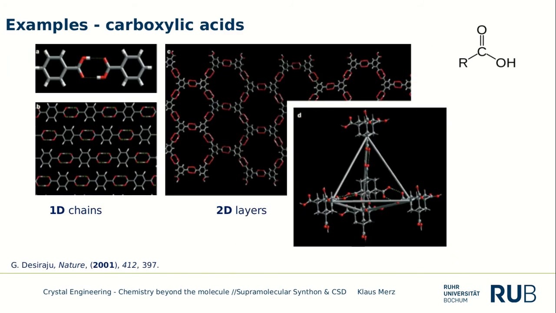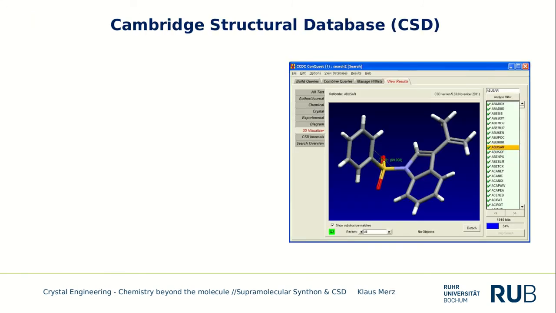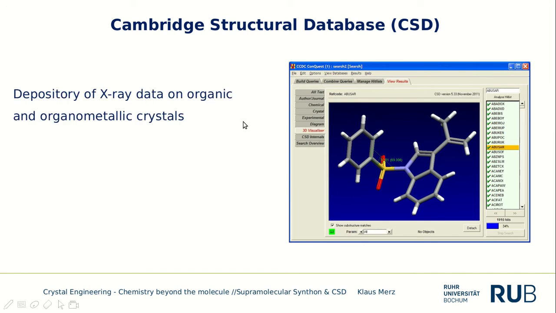Okay, as I said, the next topic is the Cambridge Structural Database. You see here a sketch of the database, and with ConQuest there is a possibility to search in the database. This is a really fascinating database with a huge amount of crystal structures.